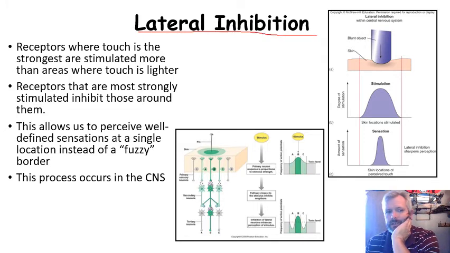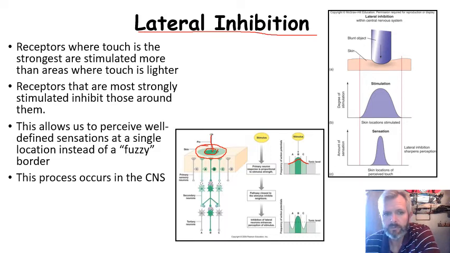If I put this little pin down, here's the strongest response, and even when I push the pin down, other regions around there will also get an elicited response, but a lower one. So your sensory system actually gets responses from outer regions as well as from where exactly the pinpoint was.